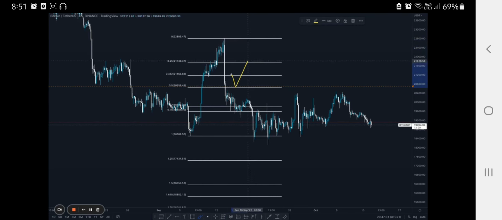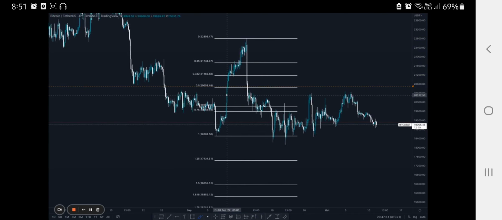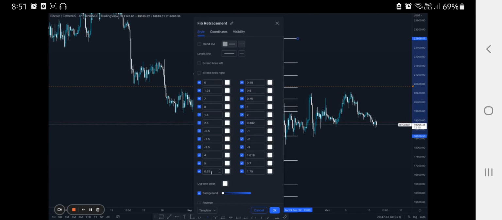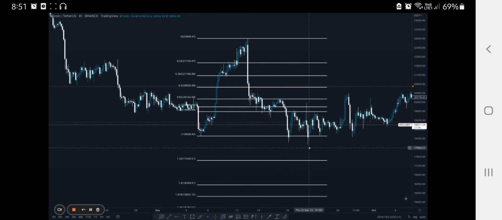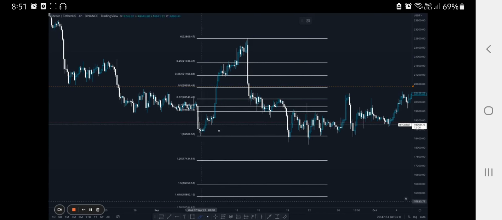You then have the halfway point, which I do personally like because a 50% retracement is a decent retracement, and it's not a mystical woo-woo number, it's halfway. Then you have the golden pocket, which is actually 0.618. I have it as 0.62. Same thing. So you have 0.5, 0.62, you have 0.7, you have 0.75.